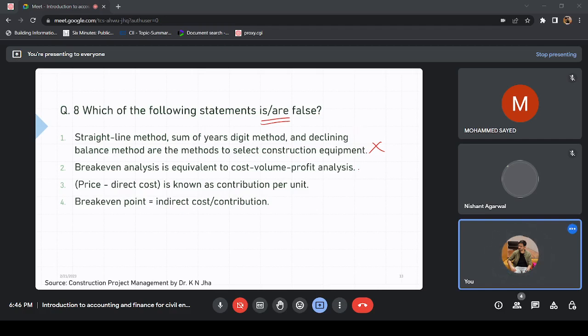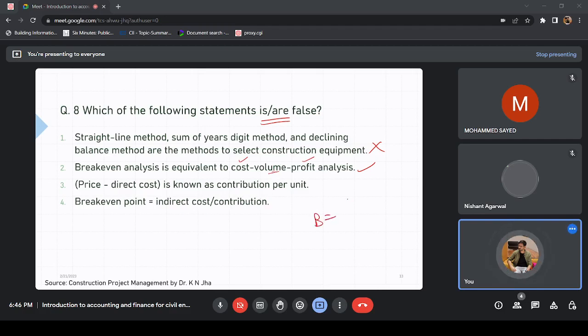Second one, you agree that it's cost volume profit analysis. We have some cost, we want some profit, and the determining point is the volume. This break even point is indirect cost by contribution.